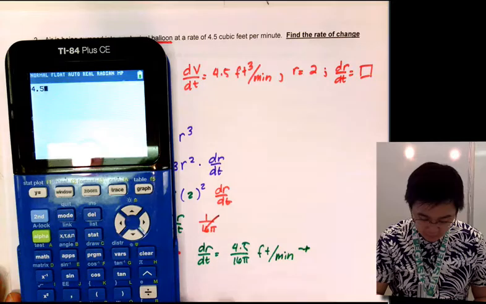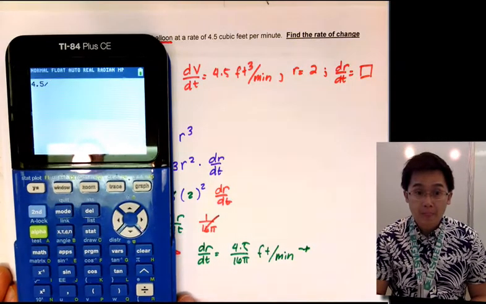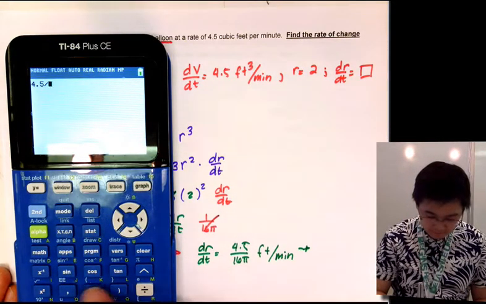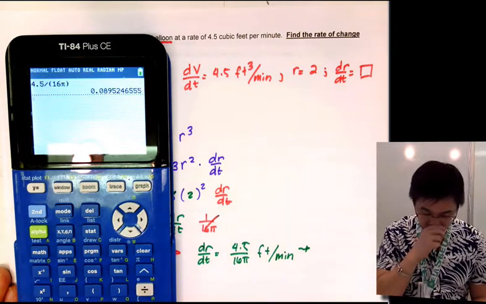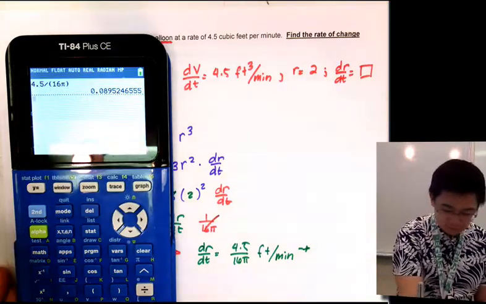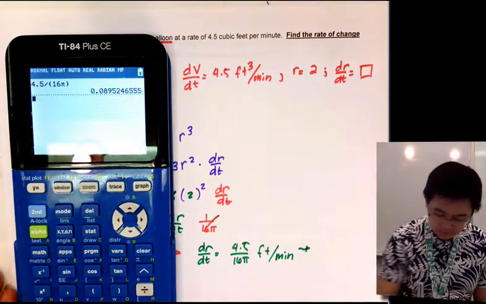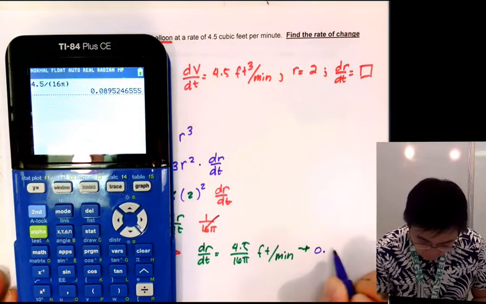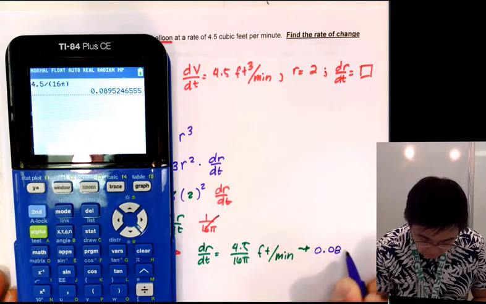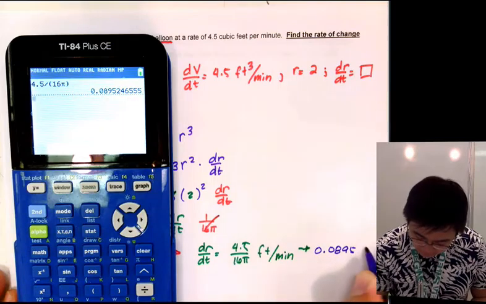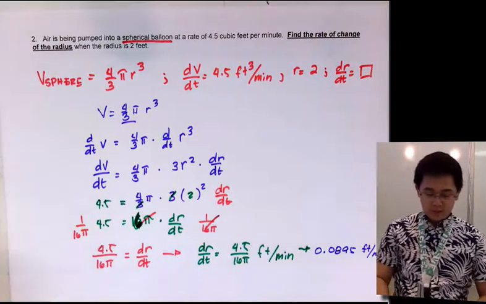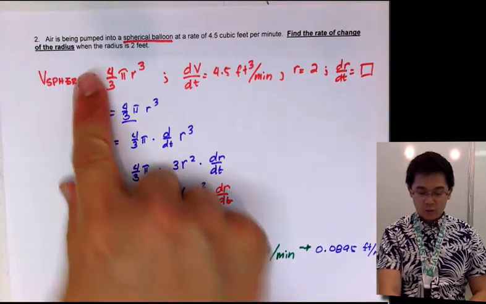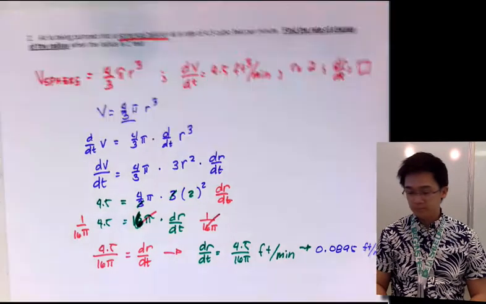And 4.5 divided by 16 pi is 0.0895, so we can use it as 0.0895. So this is for a spherical balloon.